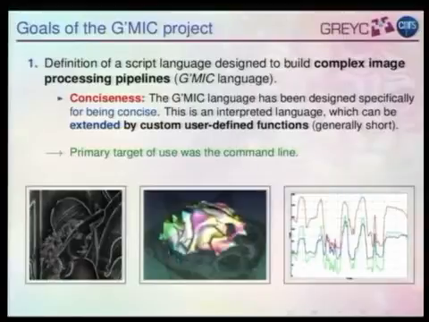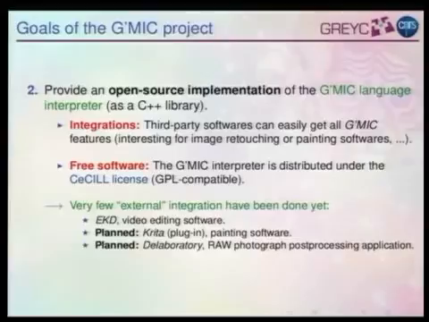So the GMIC interpreter is what I'm really here to try and persuade some other projects to pick up and use. At the moment, the external integration has been done pretty well by David in GIMP itself in the old plugin format. So what we need to do now is be compliant with the new GEGL interface and get all of that working as quick as we can.